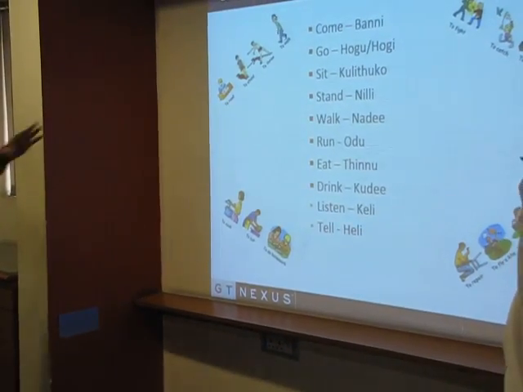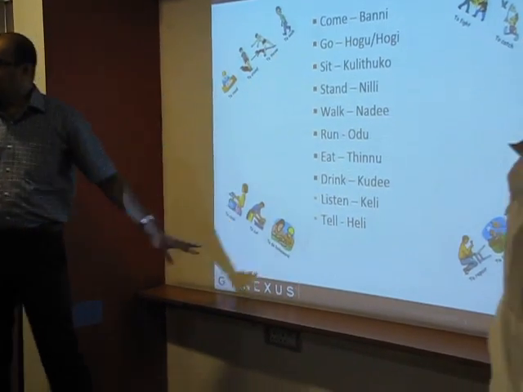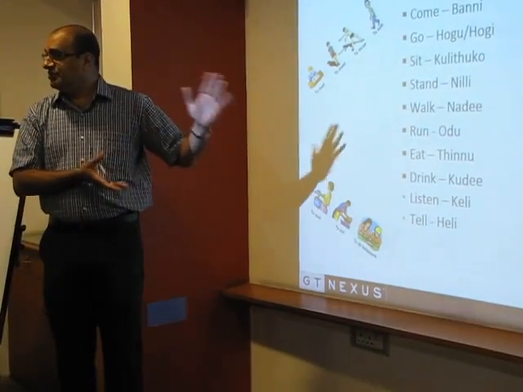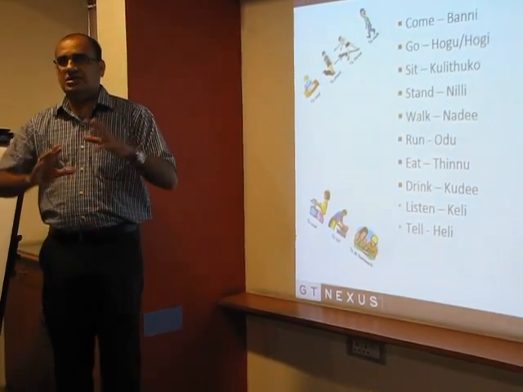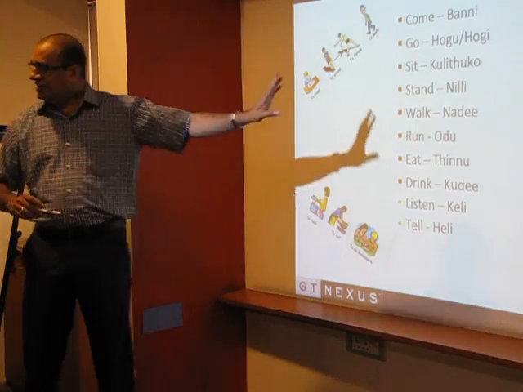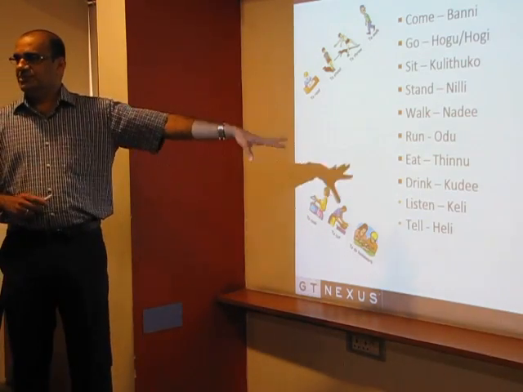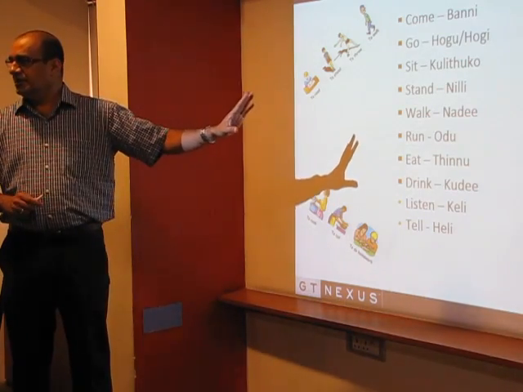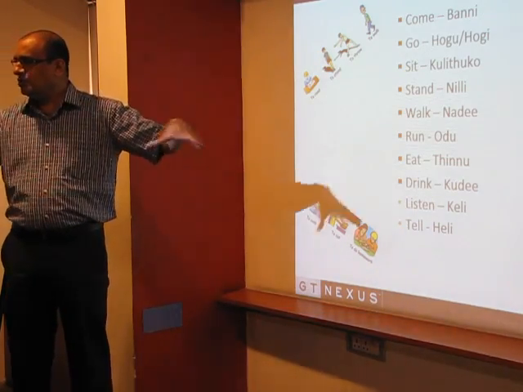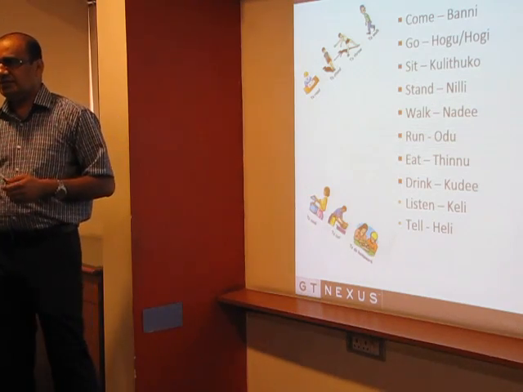Correct. These are some of the words, and it is not exhaustive. We have just taken some of the things that you will use commonly. You can relate to this because these are verbs you would have heard day to day. Bunny, definitely. Bunny, uda pogana, bunny, come.